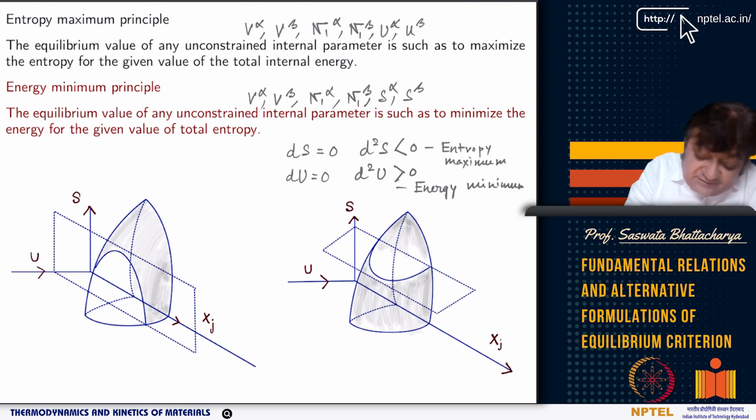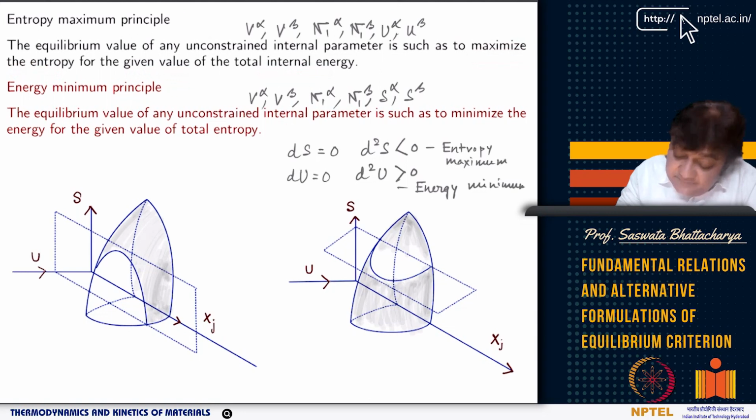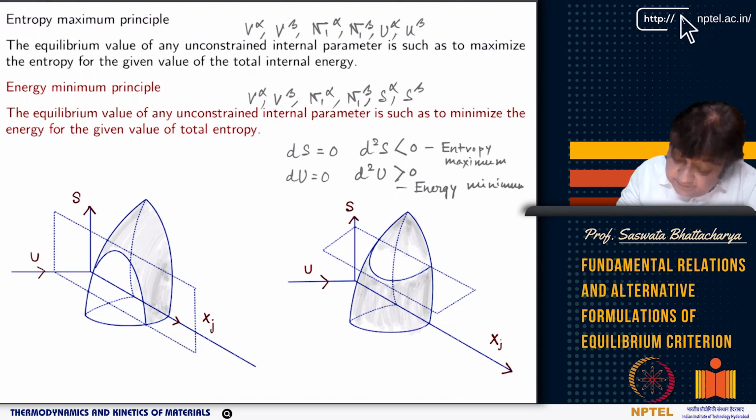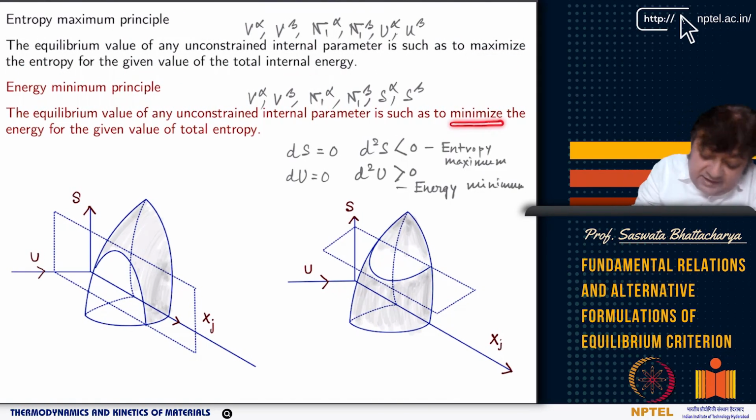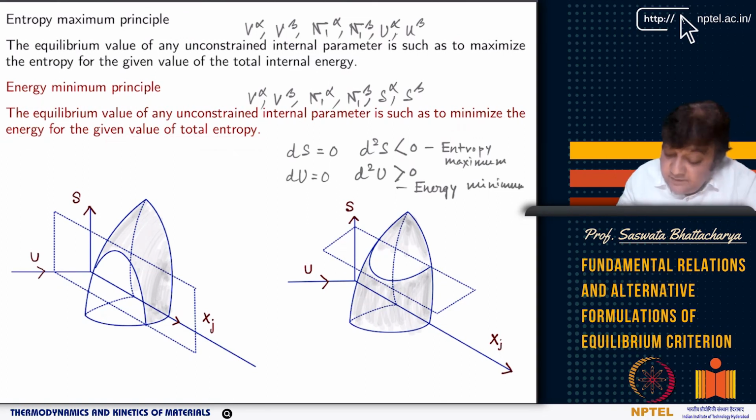Let us look at the contrasting words. Here it is maximizing the entropy for a given value of total internal energy, and this is minimizing the energy for the given value of total entropy. Now from Callen's book, we haven't reproduced it, I have redrawn the diagram, but the idea is this is your energy surface.